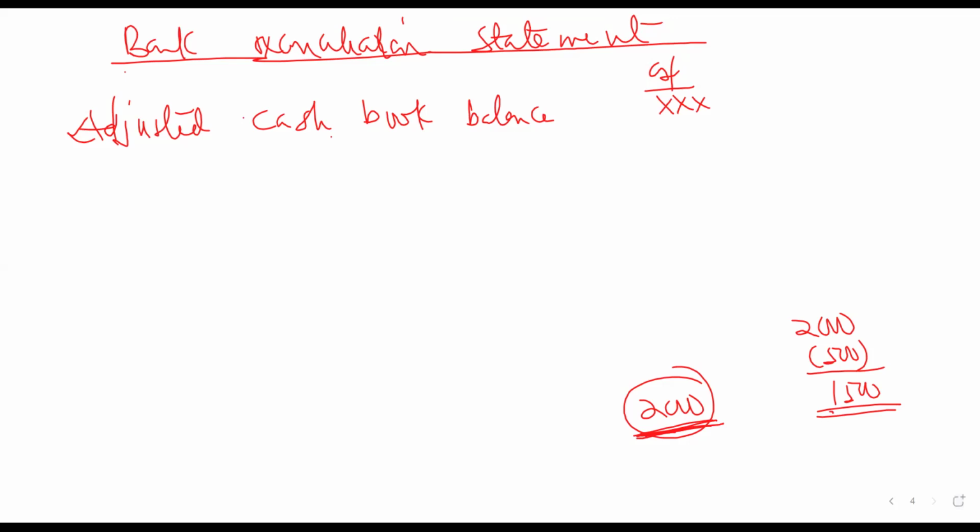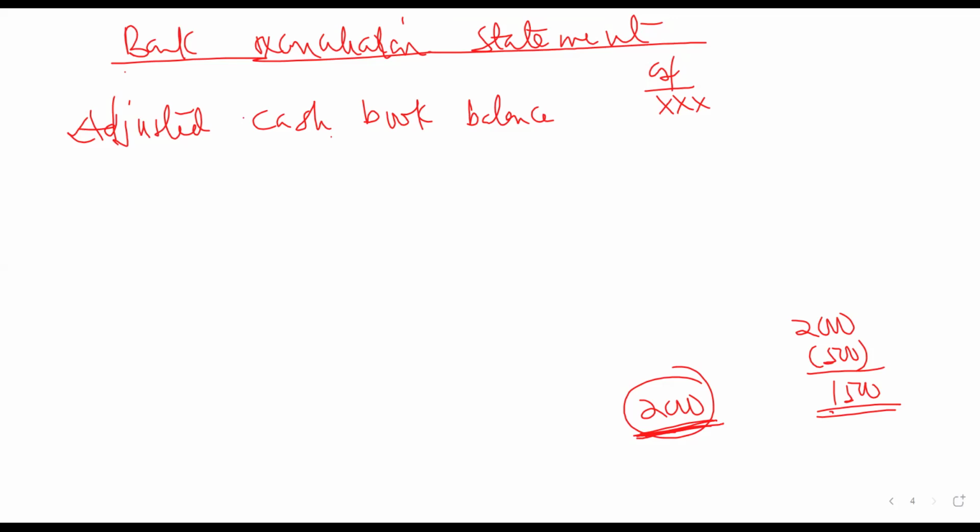Yeah, I can't hear you. How do you make it to be 2,000? You have 2,000, you have paid somebody 500, but the person has not gone to the bank to take the money. So you are still having 2,000 in the bank. I want to reconcile your cash book balance against the bank, which is 2,000, and your cash book balance is 1,005.